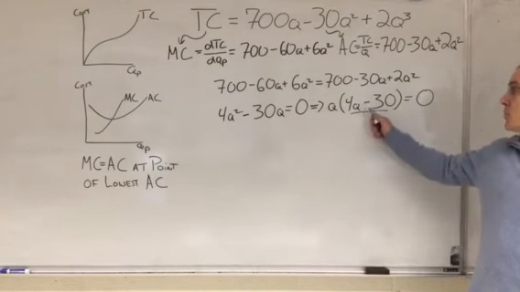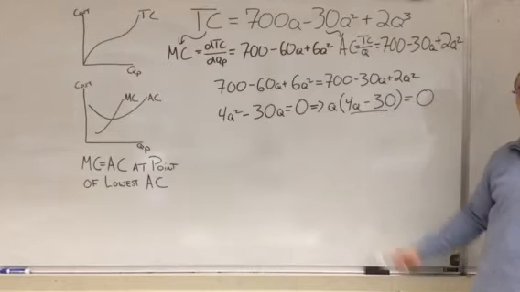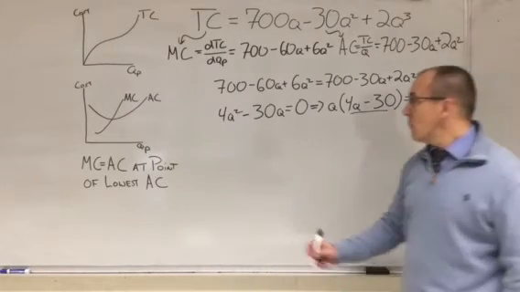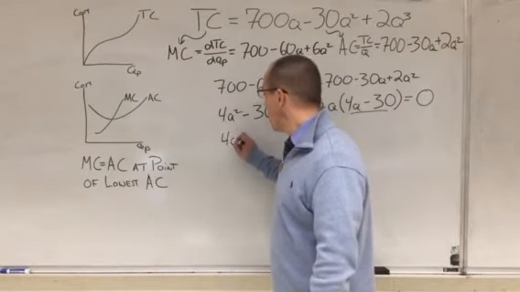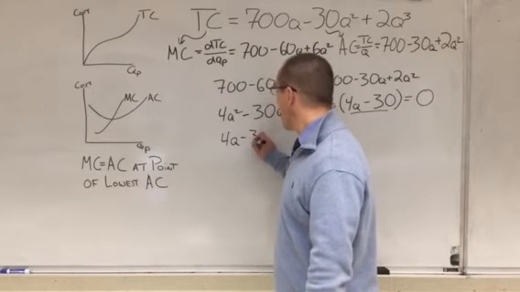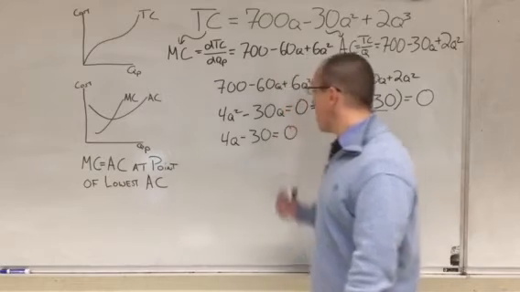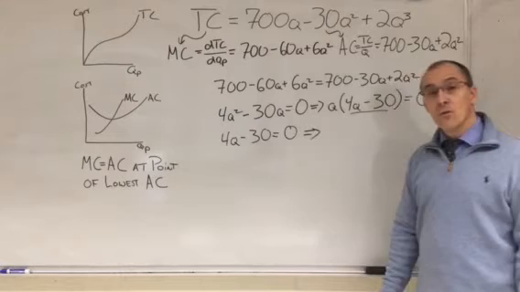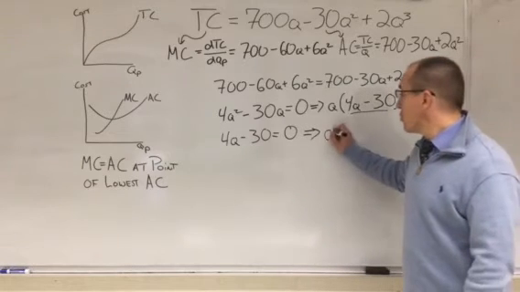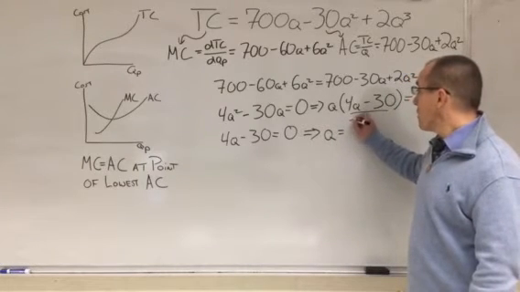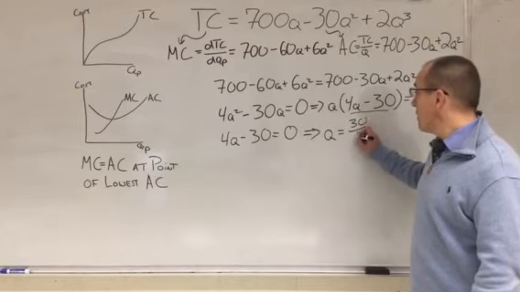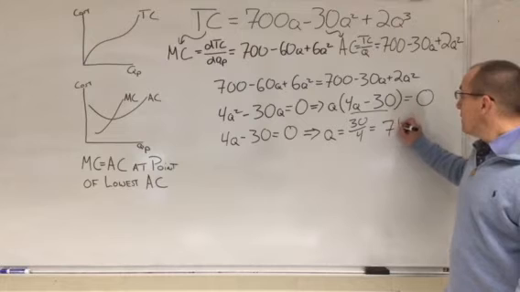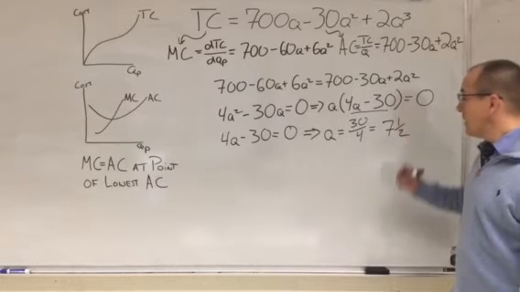It's the internal factor here that will tell me the number that I want to know. So I need to set this internal piece equal to 0 to find out the quantity that I want. So if I have 4q minus 30 equals 0, that will result in me finding that q equals 30 over 4, or 7 1/2.